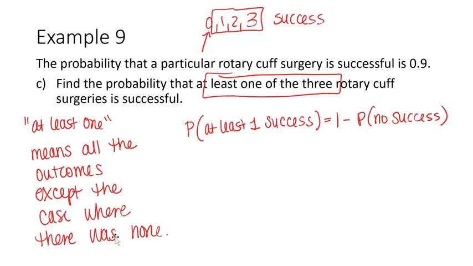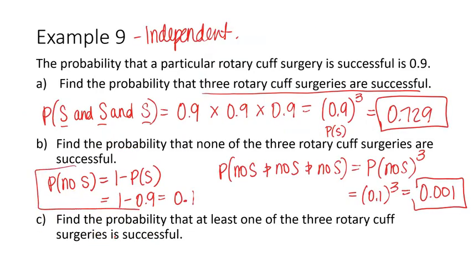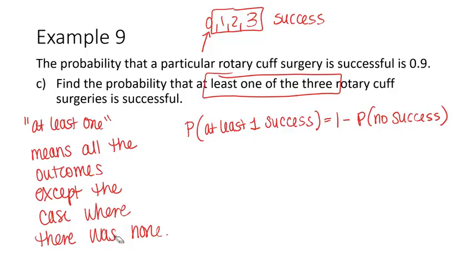So not just once. Here I just looked at one specific surgery. This is asking me if I want the probability of at least one successful surgery in the 3, then that's 1 minus the probability of no success in those 3 surgeries. Well, in that last example, we found that we would not be successful all 3 times in 0.001 situations, 1 out of 1,000.